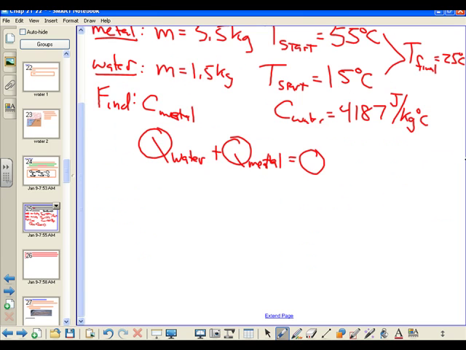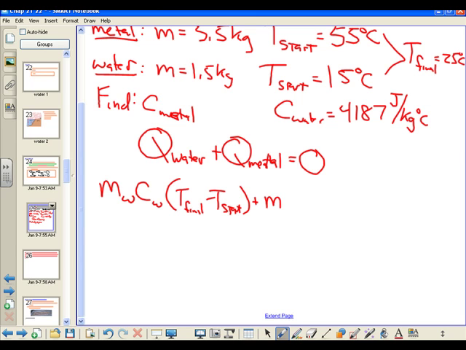This is what calorimetry is all about. So mass of the water, C of the water, T final minus T start of the water, plus mass of the metal, C of the metal, T final minus T start of the metal, all equals 0.